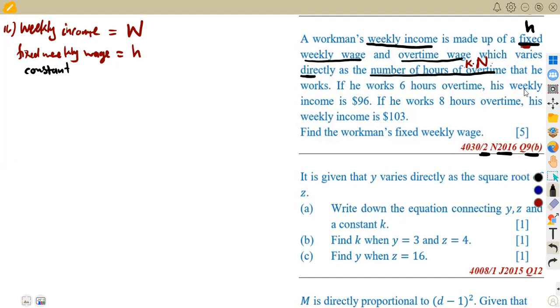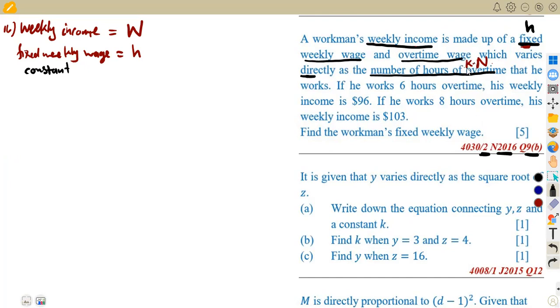So K is representing the overtime wage in this case, which is a constant. They're saying the overtime wage varies directly as the number of hours. So the amount that is paid per hour, which is the constant, the overtime wage, is not changing.